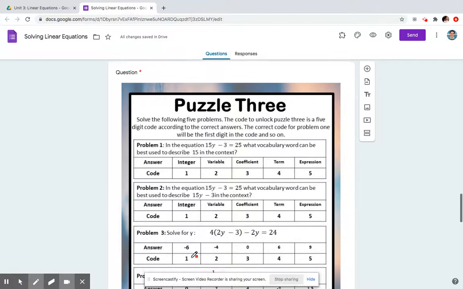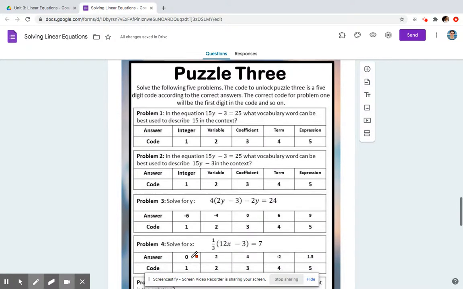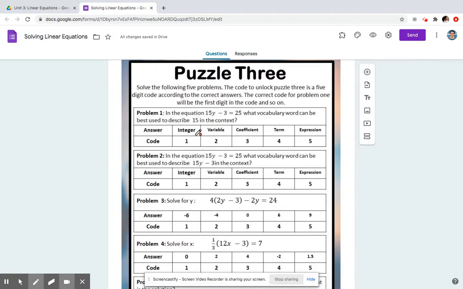Puzzle 3. Solve the following 5 problems. The code to unlock puzzle 3 is a 5-digit code according to the correct answers. The correct answer for problem 1 will be the first digit in the code, and so on. So in the equation 15y minus 3 equals 25, what vocabulary word can best be used to describe 15 in the context? Well, it's not an integer because integers are just numbers. 3 and 25 are integers.